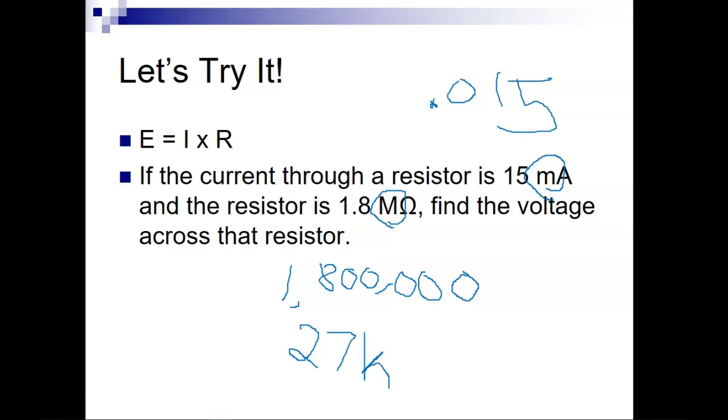Should be 27 kilovolts. Okay, it should be equal to 27 kilovolts. You're not dropping the zeros, you're turning them into the other meaning of them. Does that make sense?